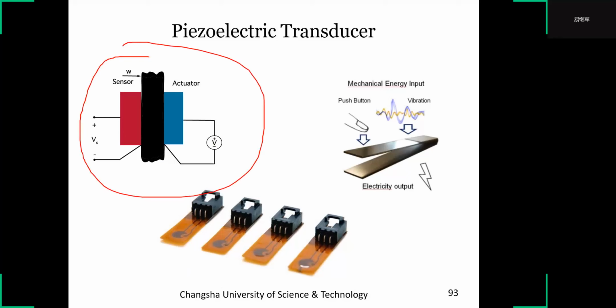This is a product for the piezo transducer.